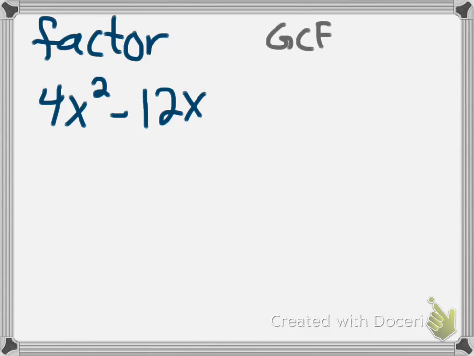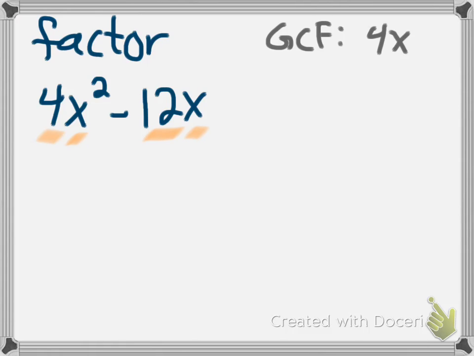So let me talk about the GCF over here on the side. Certainly we're thinking about what number is going to go into both 4 and 12. And we can tell that 4 is going to go into both of those. And then you're going to talk about the variable. I have x squared for the first term and x for the second term. So what is in common? What goes into both of those terms? That's definitely the x.